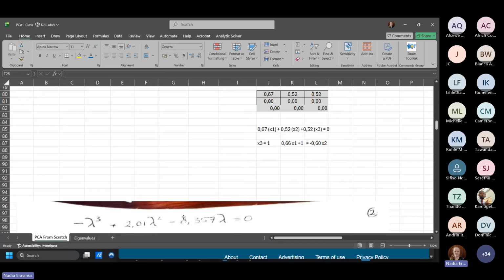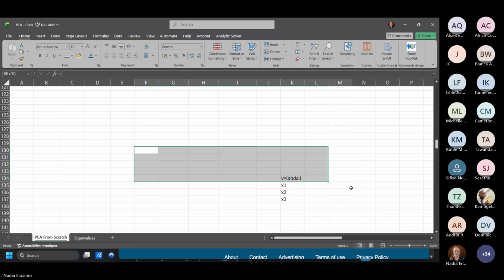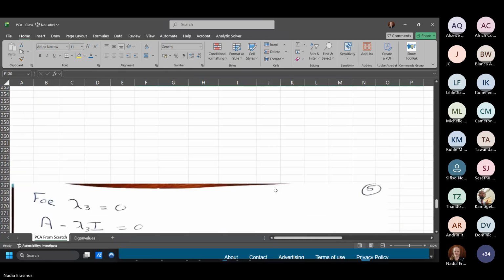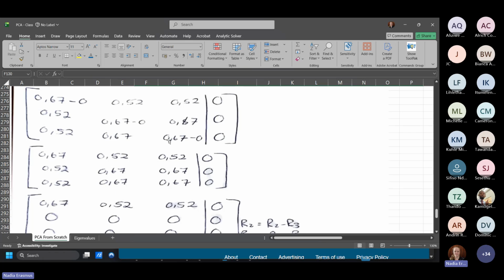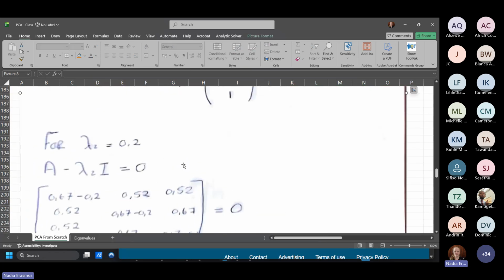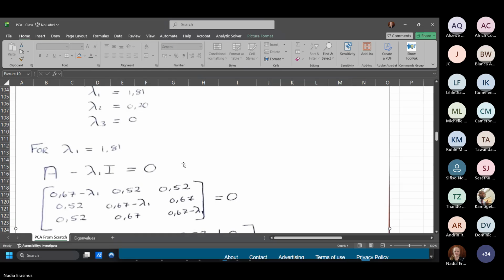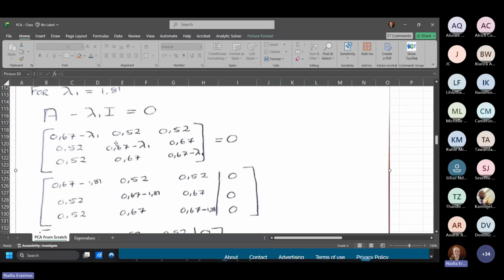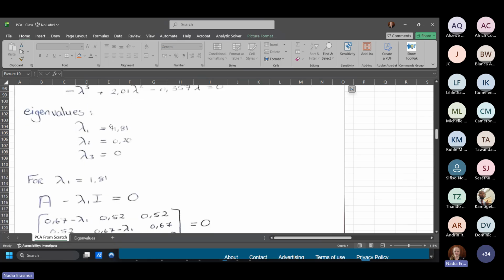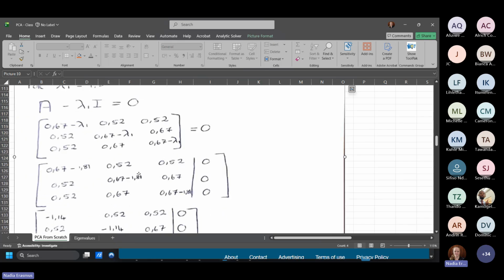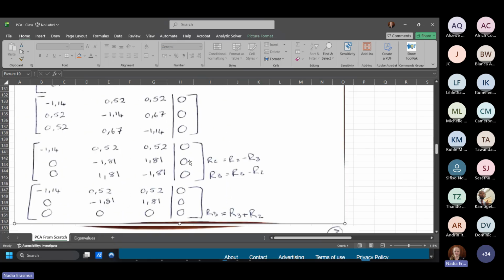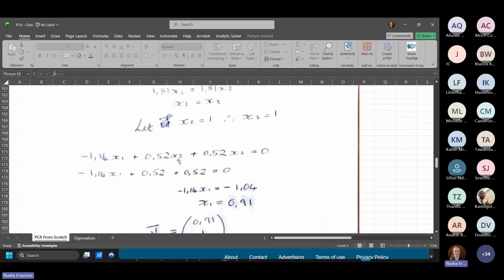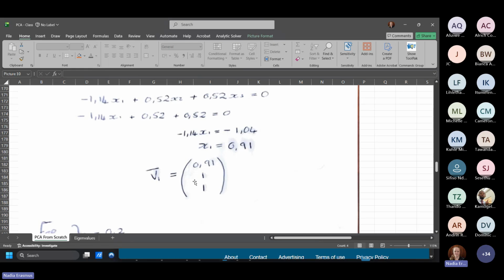So this is the row echelon form, actually. I'm going to keep it for you guys. This is how you can, if you have your eigenvalues, sorry, it's my handwriting, substitute them back in and then calculate. So this is how you can get your x's, which you're going to put into your vectors.